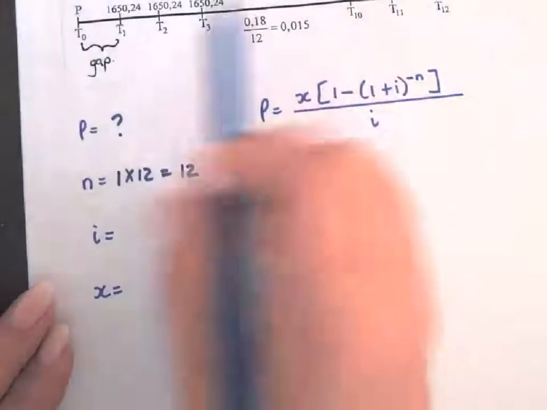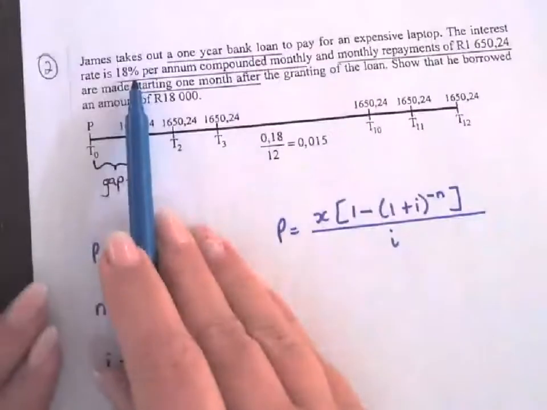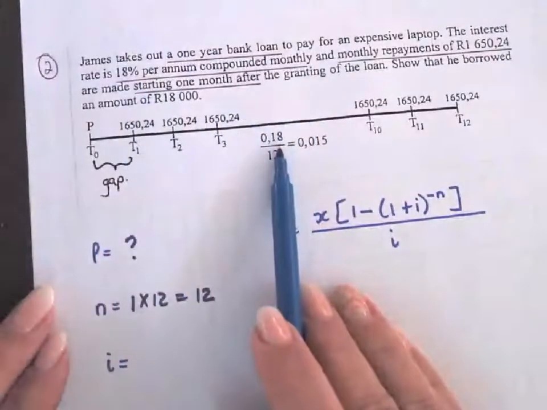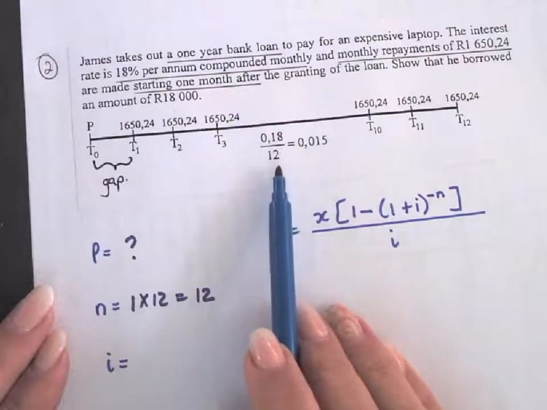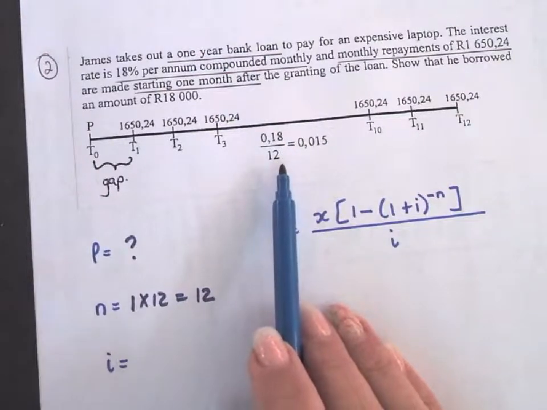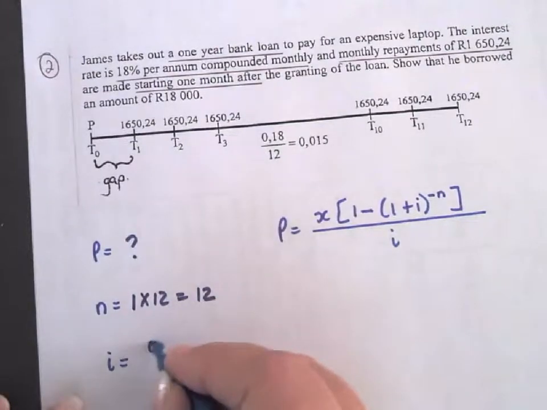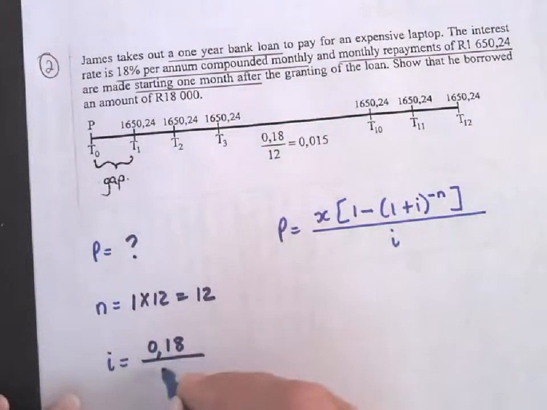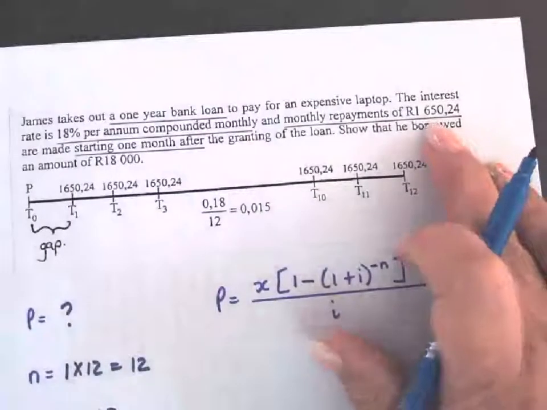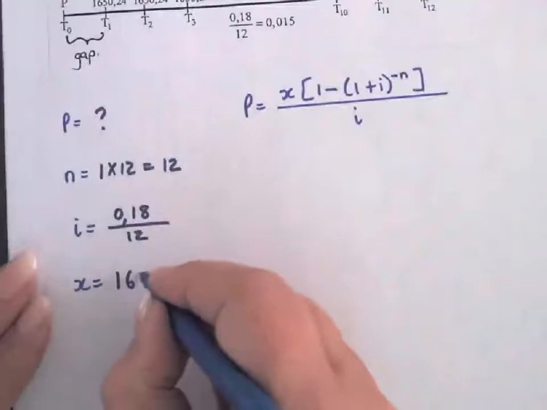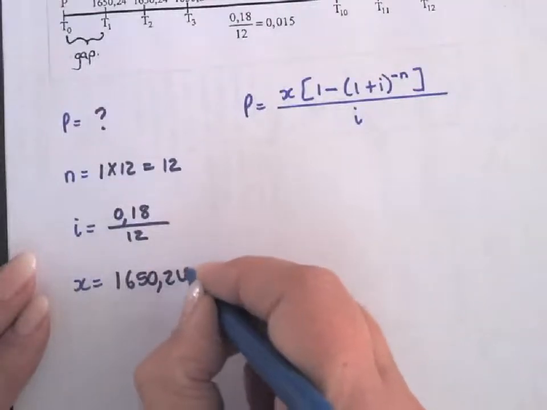I is 18%, so it's 18 over 100, which means it's 0,18, divided by how many payments in a year? 12. 0,18 divided by 12. And X is our amount that we pay monthly. 1650.24.